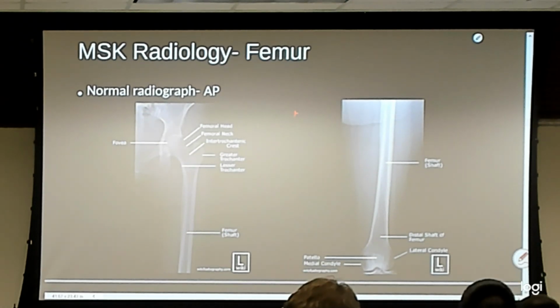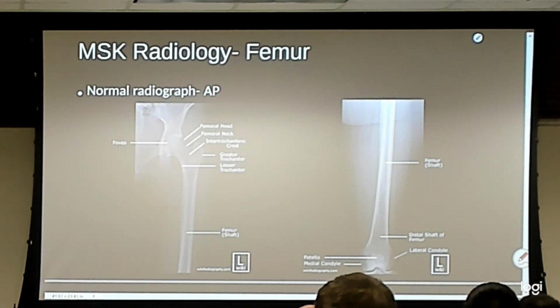So we've talked at length about the hip, moving down through the diaphysis of the femur. I don't like this one as much because they split the femur up onto two plates. Standard is now that we do it on one plate, unless there's some positioning reason that we can't stick it all on one picture.